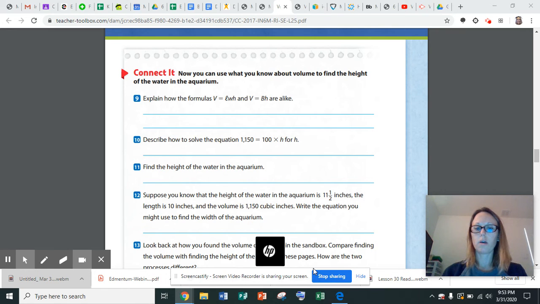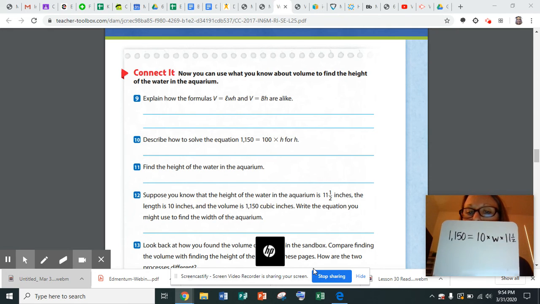You know that the length is 10 times W, because you don't know W, times 11 and 1/2. This is the equation that you could use to solve. That's all it wants you to do for number 12, is write the equation.